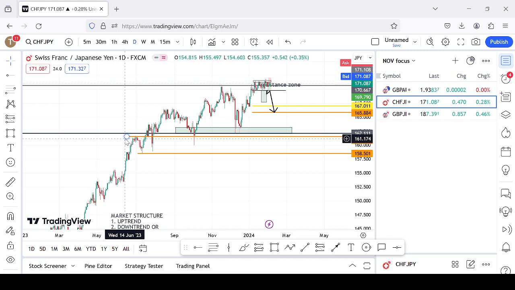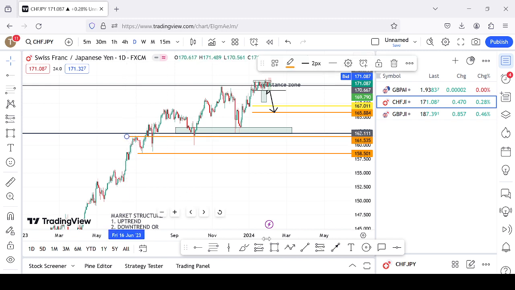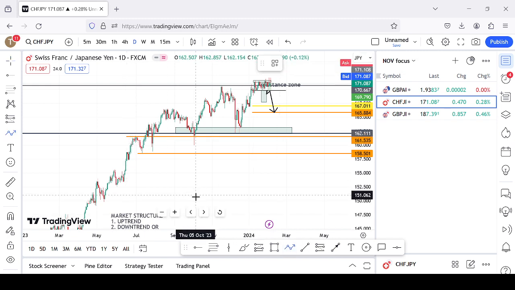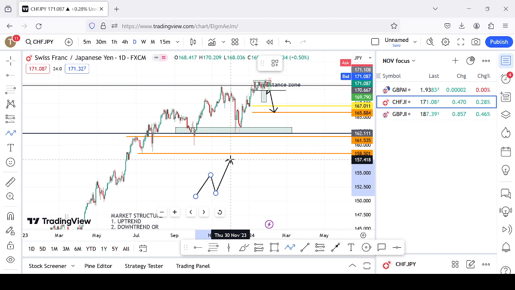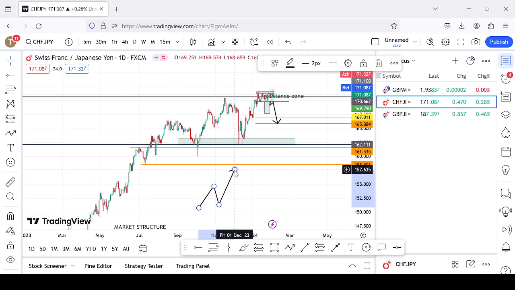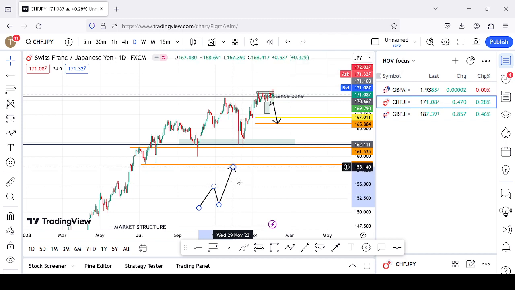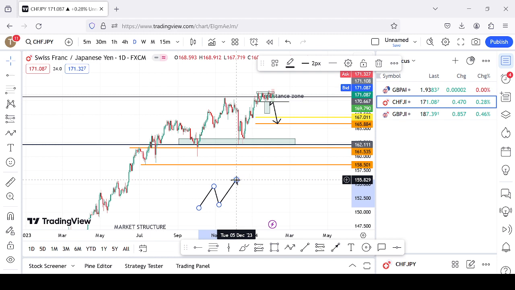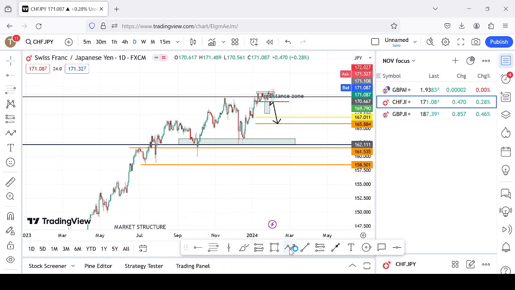Here we are consolidating. Let me start again. What happens normally, we said we have three structures.